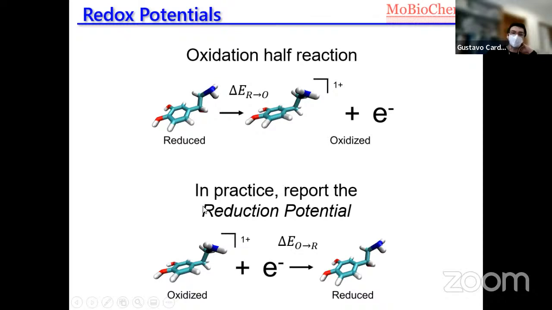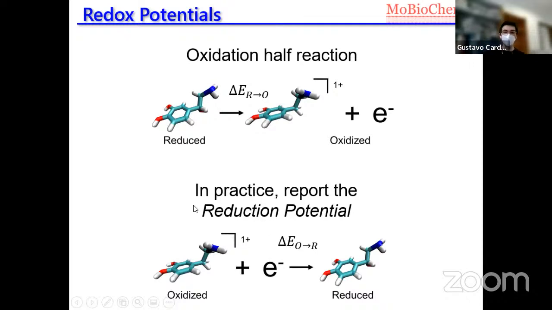But in the literature, you're going to find the quantity named as reduction potential. So basically what we're measuring here is the energetics of the opposite process, the reduction of the oxidized species. This is done simply because the potential of this reaction is precisely the opposite, from a mathematical point of view minus this guy here, of the potential of the opposite reaction.